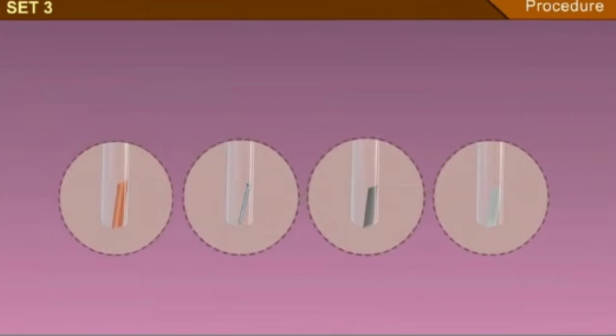Observations. 1. In case of copper metal, no change in color takes place. 2. In case of iron metal, no change in color takes place. 3. In case of zinc metal, no change in color takes place. 4. In case of aluminium metal, a light silver grey deposit of zinc is formed.